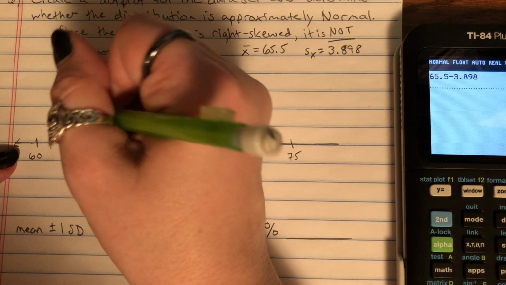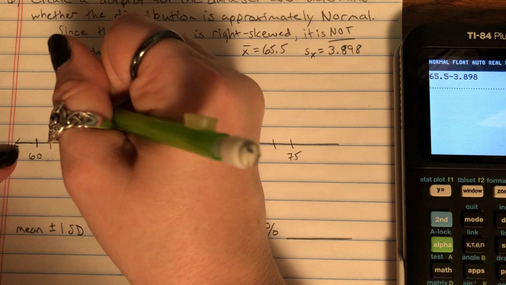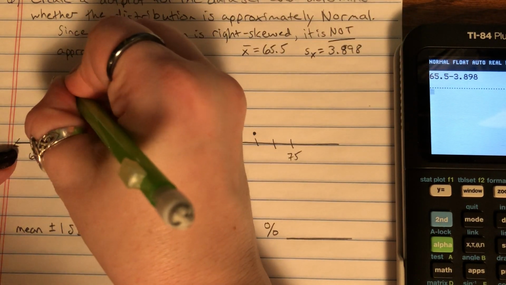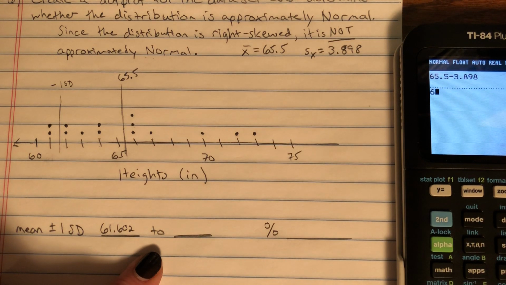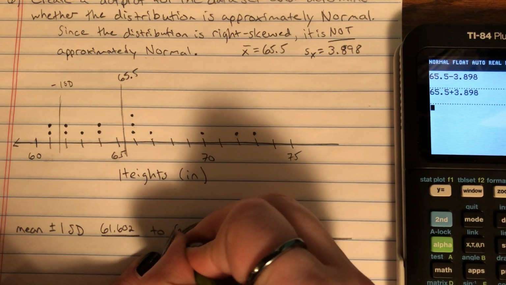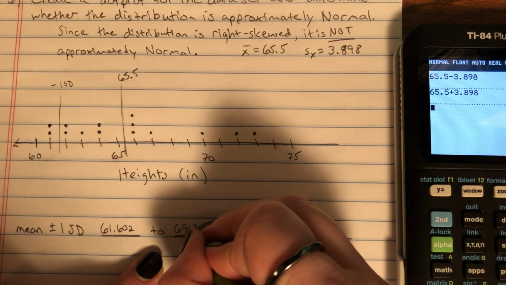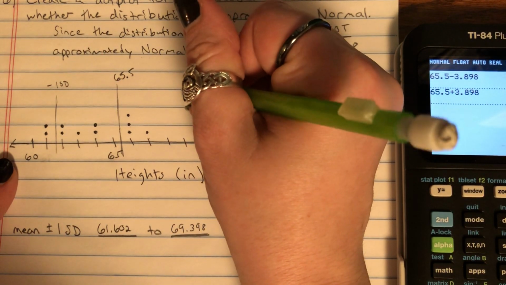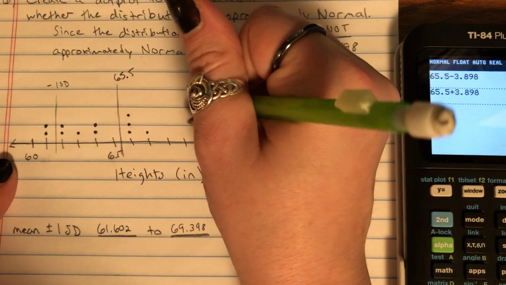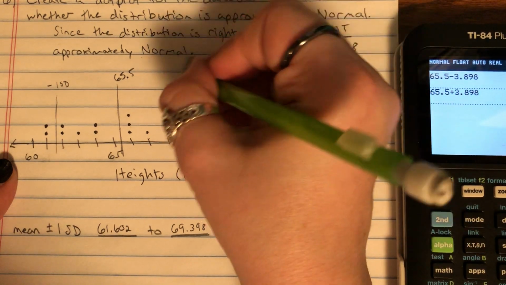So right around in here for minus 1 standard deviation. And 65.5 plus 3.898 gives me 69.398, which would be about in here.